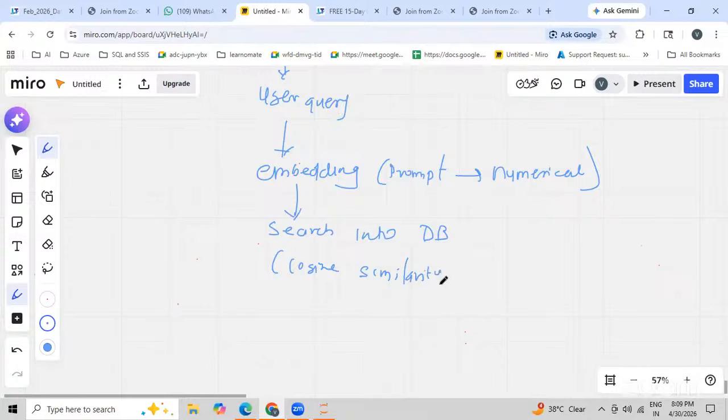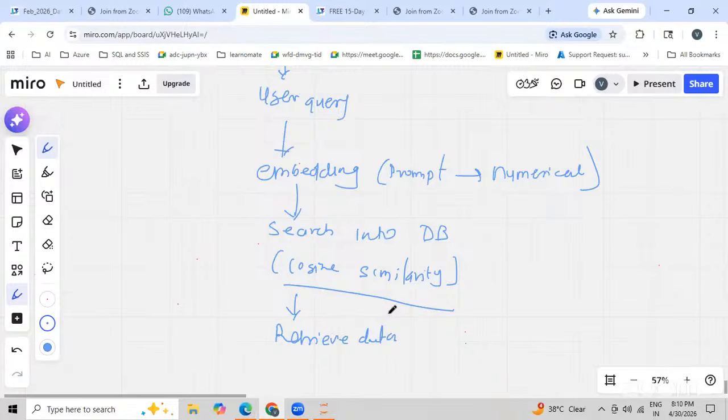Now what is cosine similarity? Right now I will not explain it because this is a long concept. We will discuss it at the time of the regular session. But they will check the similarity, that is the cosine similarity, and once they get the information, they simply retrieve the data.